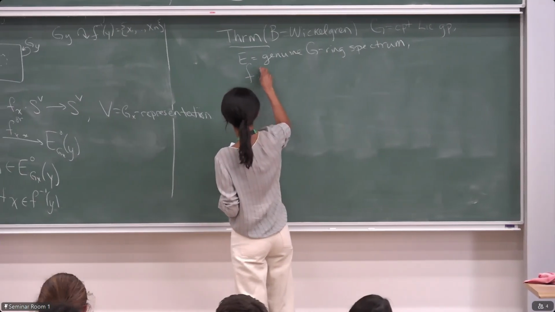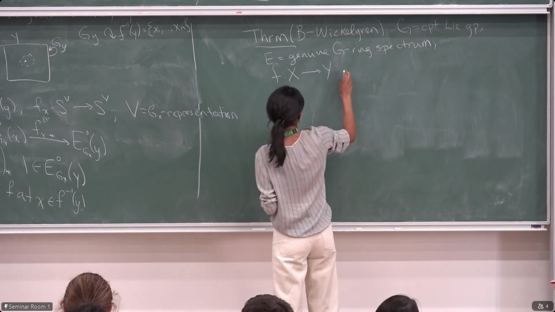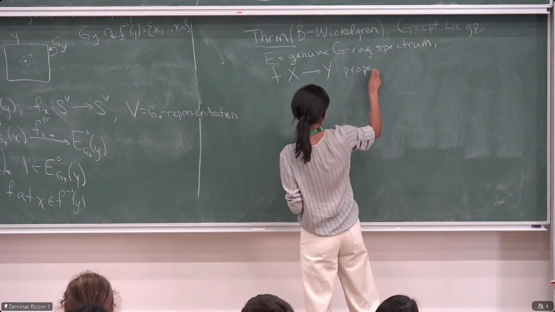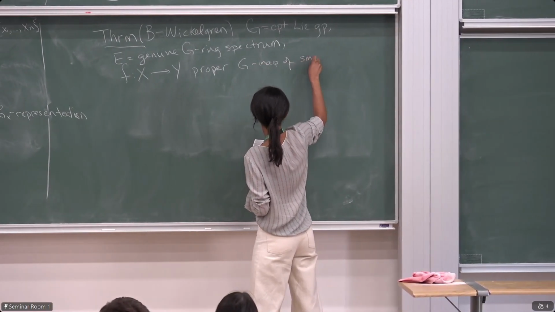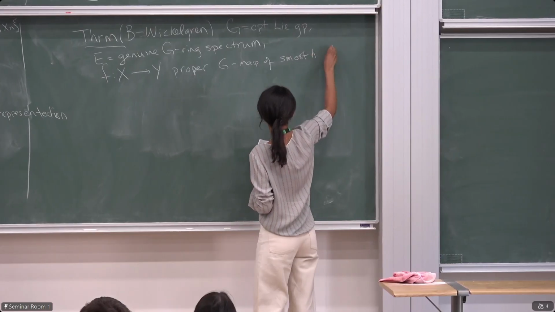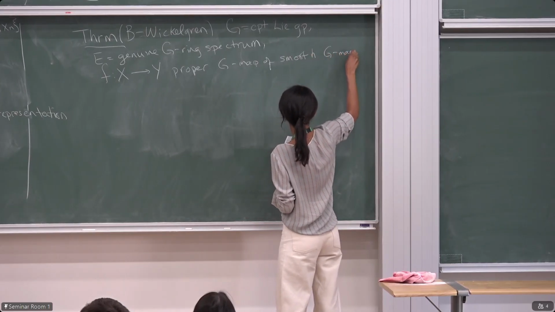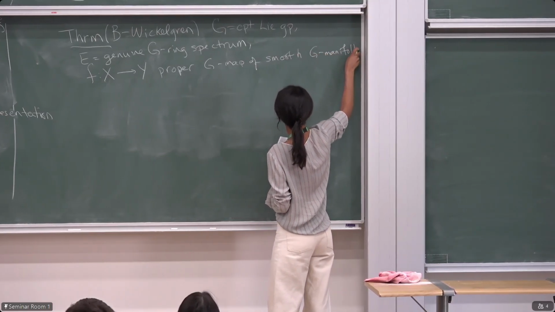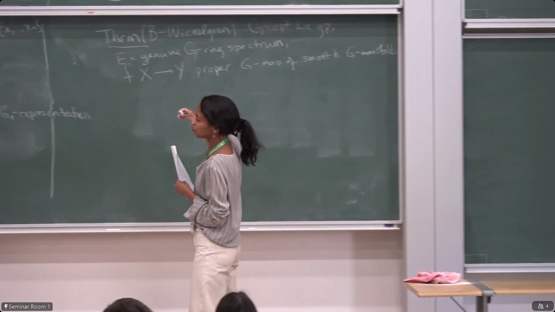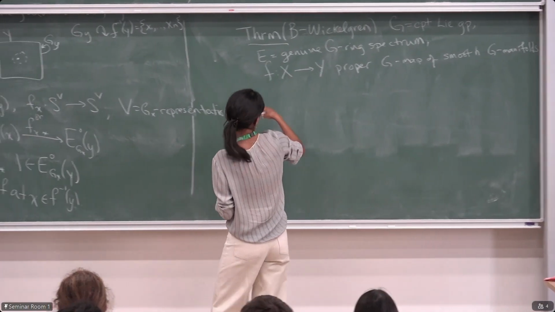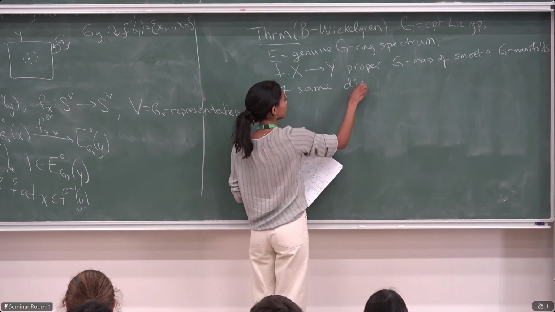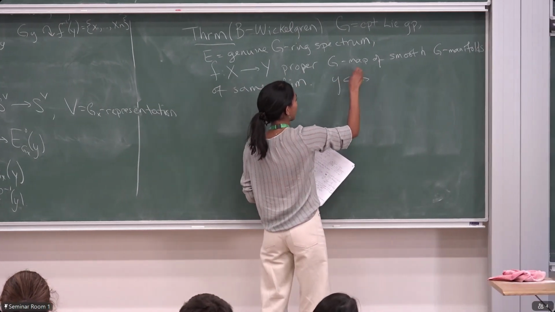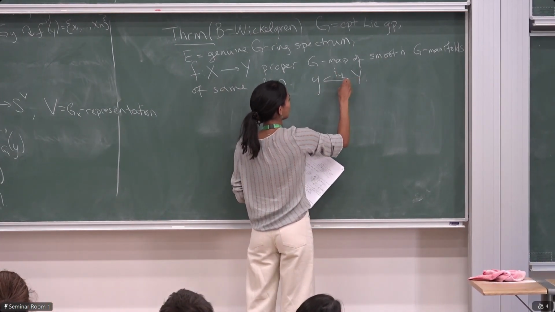And f from X to Y, a proper G map, a smooth G manifold. And they need to have the same dimension. I did say that, okay. And we're going to let little y be a regular value.